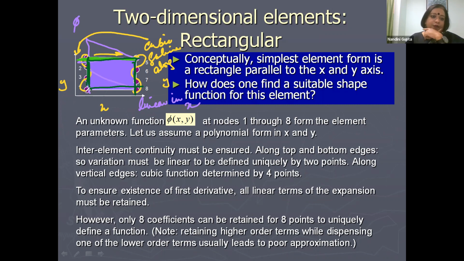When I have 4 points, I can uniquely define a cubic spline. But when I have only 2 points, I can uniquely define only a linear function, which means I'm looking for a function phi which is linear in X and cubic in Y. Because that is the kind of function I can uniquely define over this element. I cannot do any better. Is this clear to everybody?